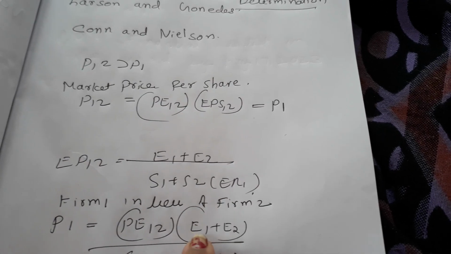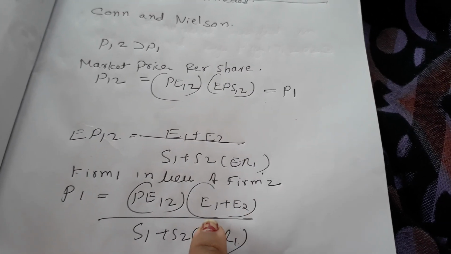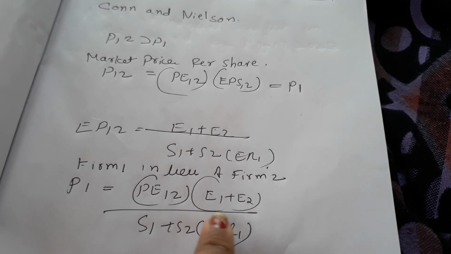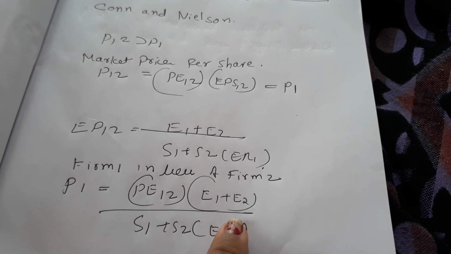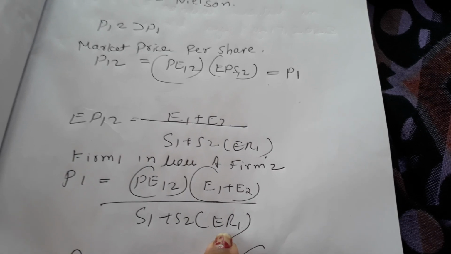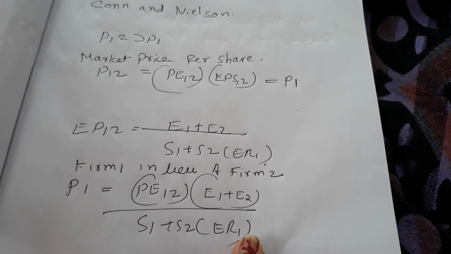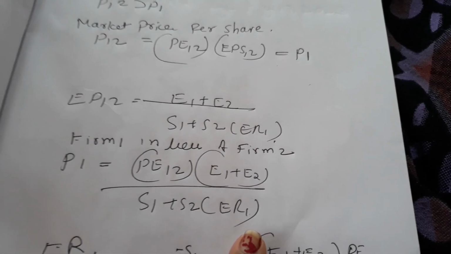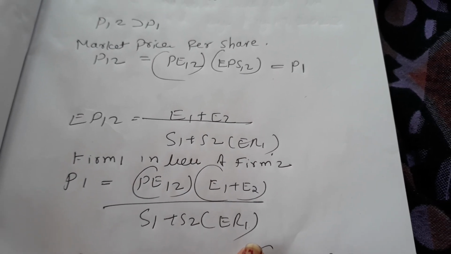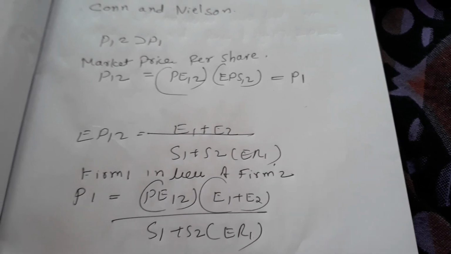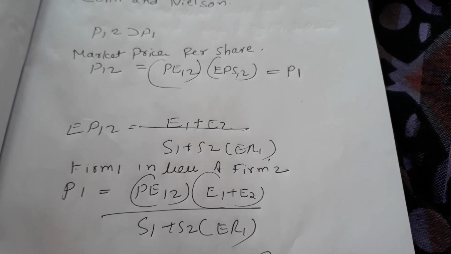But here we are taking out the combined firm's earnings per share; the individual firm's earnings are multiplied with that, divided by S1 plus S2 into ER1, the exchange rate ratio. That will give us the market price of firm 1, not of the combined firm. Okay. Have we got the difference?